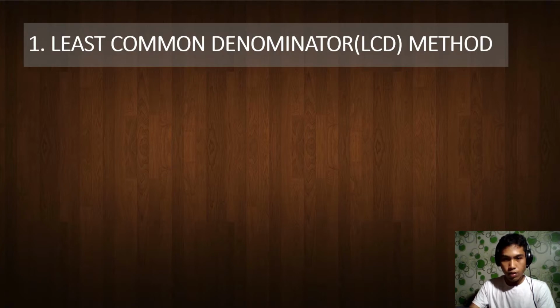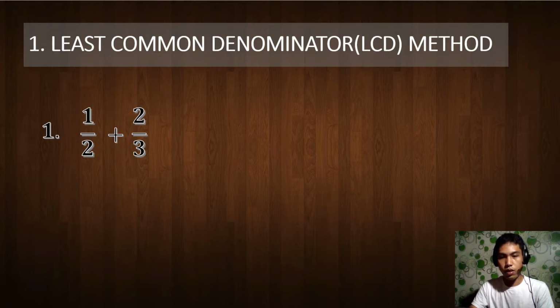Okay, now let's go to the least common denominator method. For the first example, we have 1 half plus 2 thirds. In the LCD method, we think of the least number that can be divided by both 2 and 3. What do you think is the number?